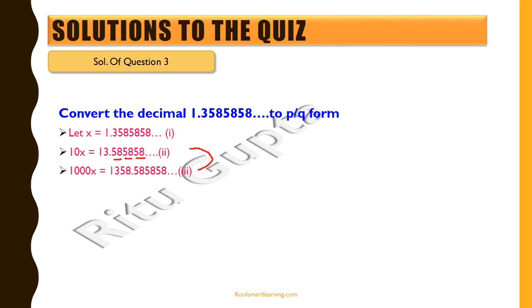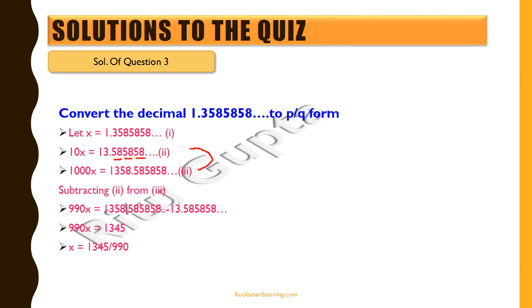Now we can subtract 2 from 3 to get 990x is equal to 1358.585858 minus 13.585858, which is equal to 1345, and x is equal to 1345 by 990. And of course, if the choices would have been like that, we could have further brought it into its simplest form, but since the options are like that, we say that option D is the correct answer.